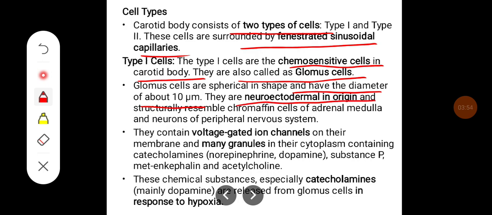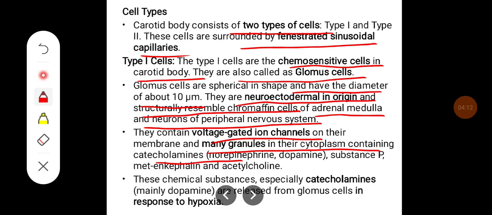They are of neuroectodermal origin and structurally resemble chromaffin cells of adrenal medulla and neurons of the peripheral nervous system. They contain voltage gated ion channels on their membrane and many granules in their cytoplasm containing catecholamines, that is norepinephrine, dopamine, and substance P, met-enkephalin, and acetylcholine. These chemical substances, especially catecholamines, are released from the glomus cells in response to hypoxia.